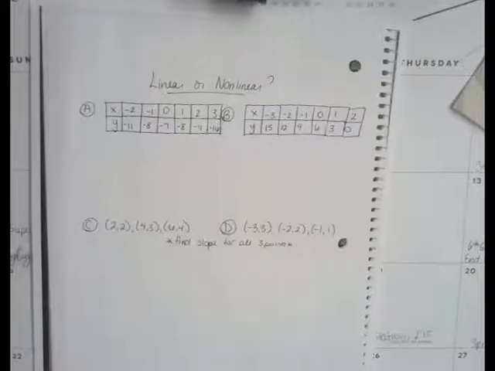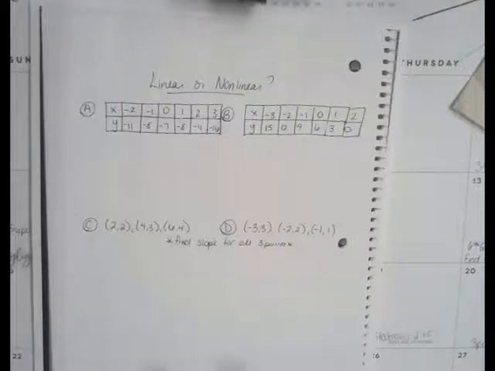So like I said on the other side, there's two ways. You can find the slope and compare the slope. If they are not all the same, then it is nonlinear. If they are all the same, it is linear. Or you can look at a graph and tell from there. When we're not given a graph, you can graph it and look from there, but you don't have to if you don't want to.